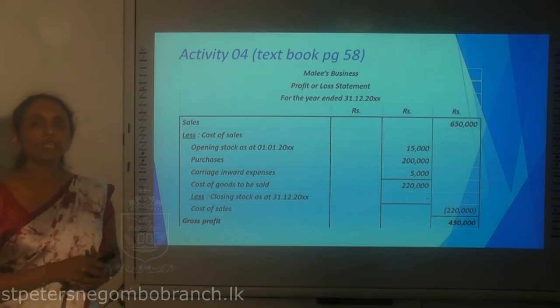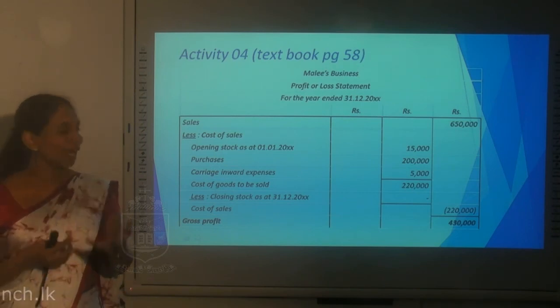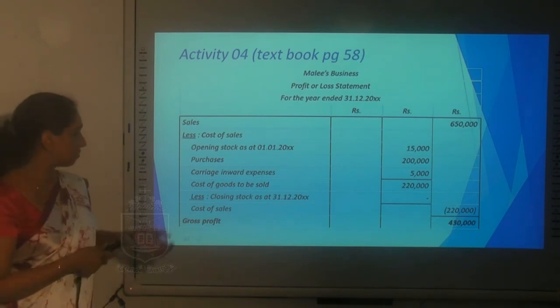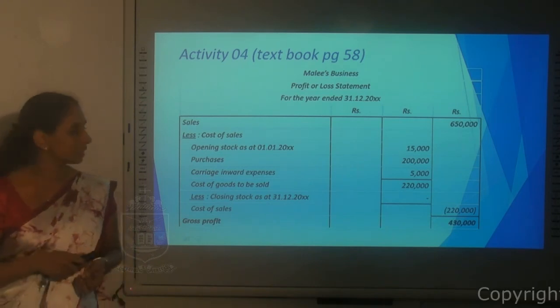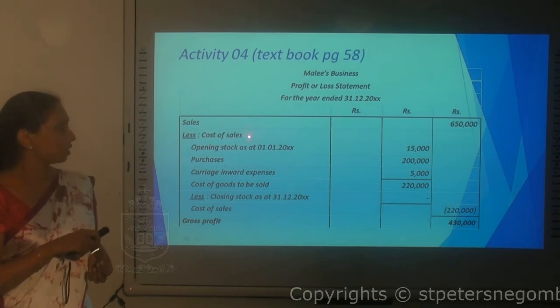Now we have put all the line items into the format. What we have to do now is all the additions and subtractions to find the final figures. First we will start with the cost of sales.